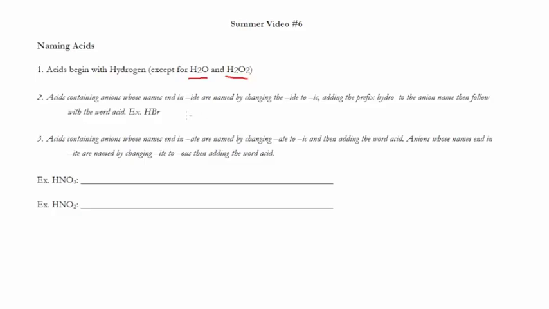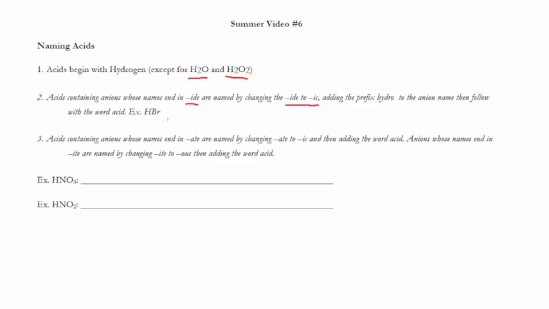So an acid, if it contains an anion that has an IDE ending, meaning it was on the periodic table and you just added an IDE ending, not a polyatomic ion, what you do is you will write the prefix hydro, then you'll write the name of the anion, but instead of its IDE ending, you're going to add an ic instead, and then you're going to use the word acid.